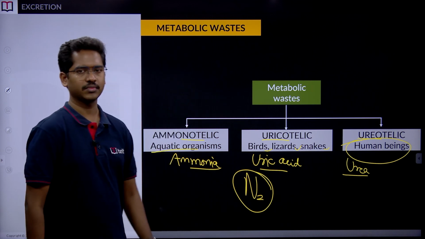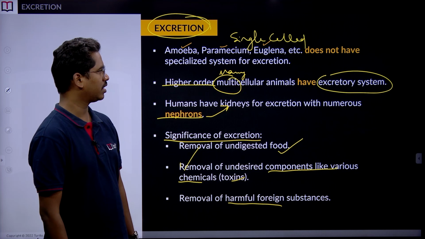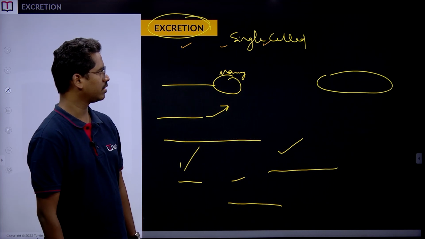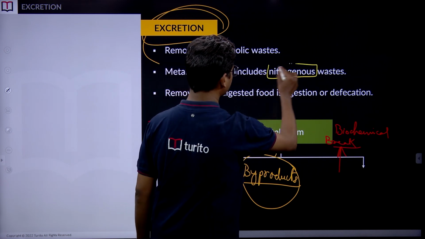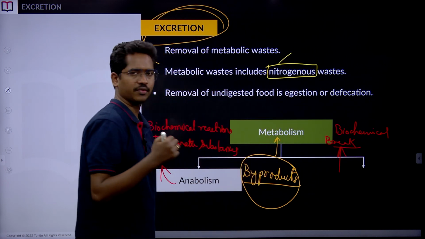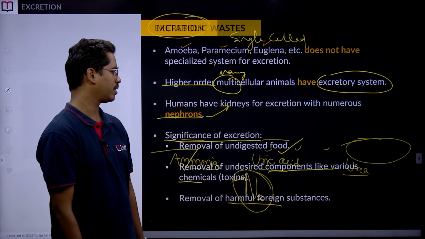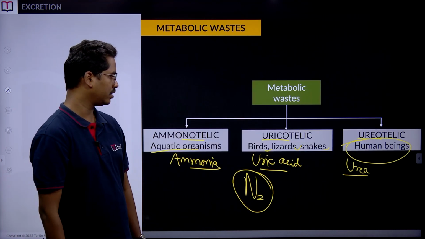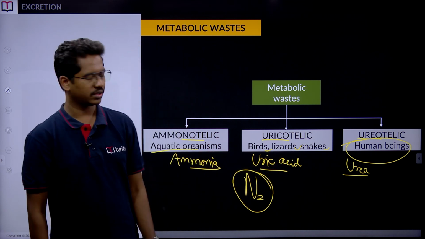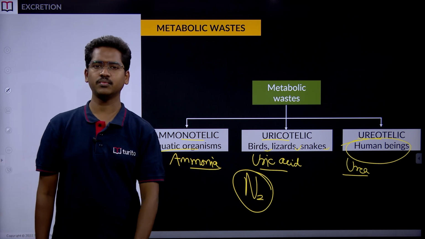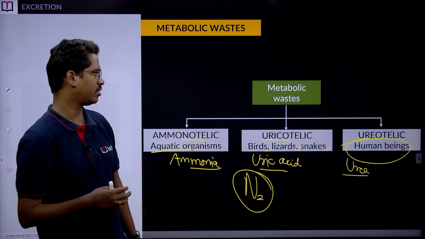That is why excretion was written as the removal of nitrogenous wastes. It is referring to those wastes which contain nitrogen in them. So, the releasing of nitrogenous wastes from the body is known as excretion.